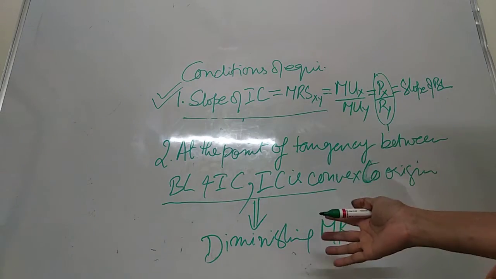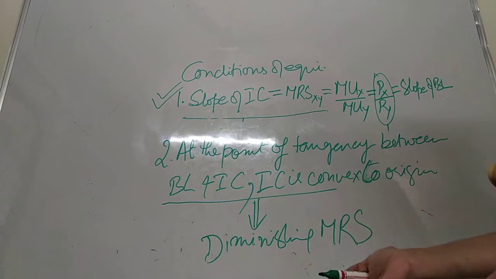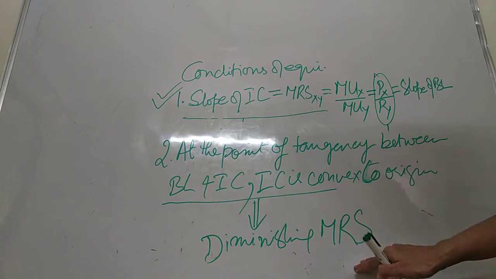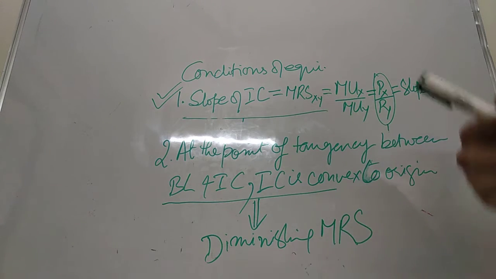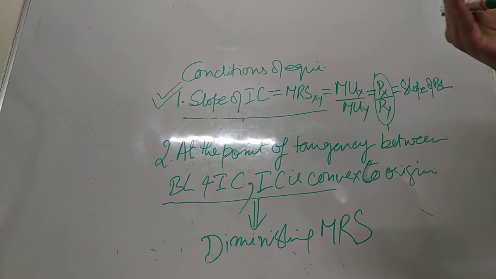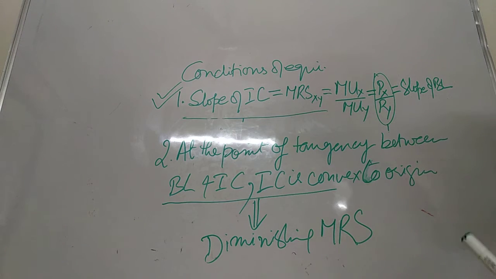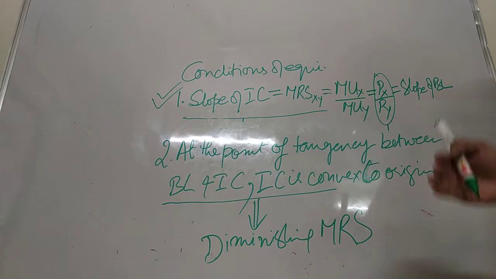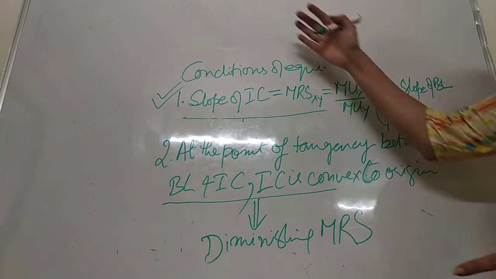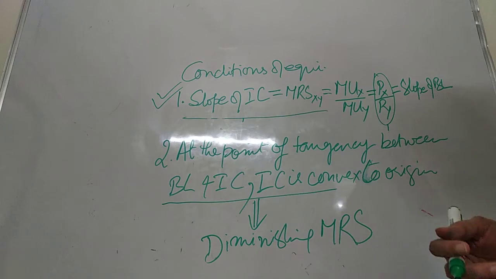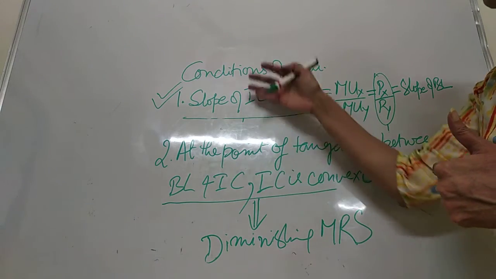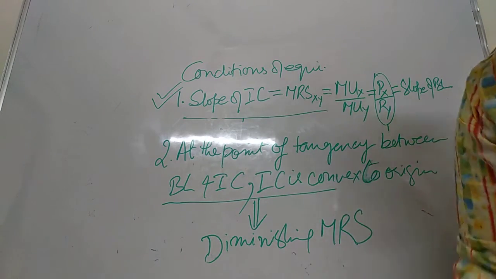Now, convexity of IC comes from this property, from diminishing MRS. So, the second condition is translated as diminishing MRS. The marginal rate of substitution XY should be diminishing. Okay, so once we have given what the consumer's equilibrium is, then second we give these two conditions, right?